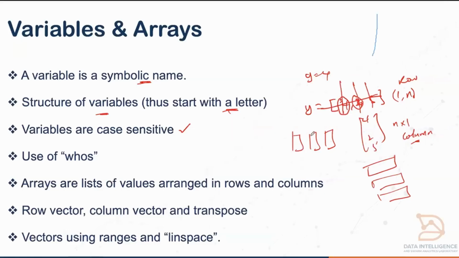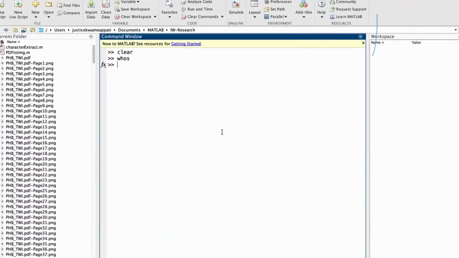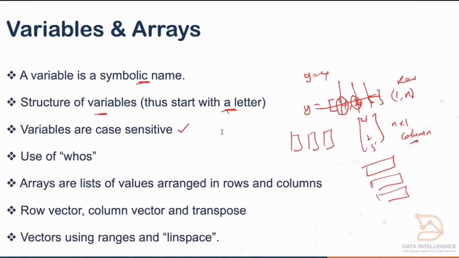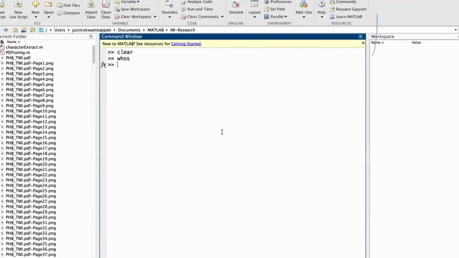Let's proceed from there. So how do we enter a vector in Matlab? There are two ways of doing that. The first question is, what type of vector is it? Is it a row vector or a column vector? Okay, so we shall start with a row vector and see what happens. The values are 4, 2, 5, kept in y.